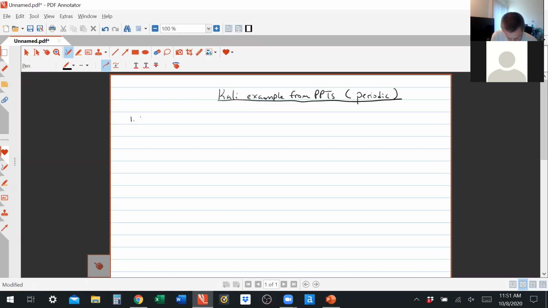So the first journal entry would be debit purchases, credit accounts payable for the $42,000. Try to keep things neat here.